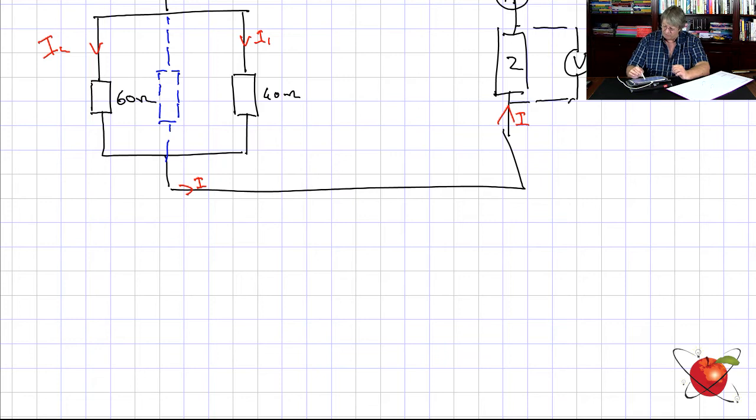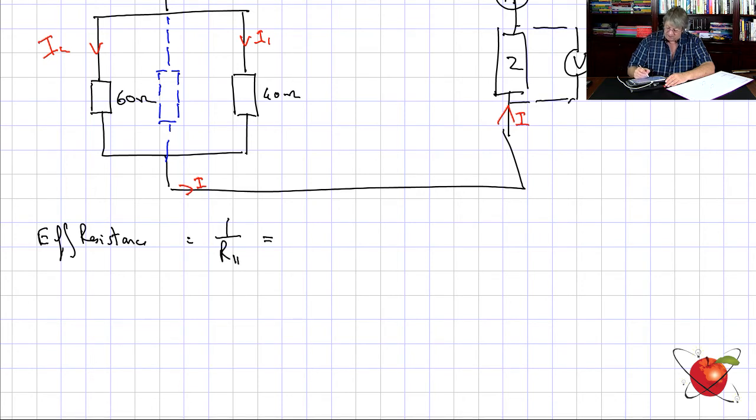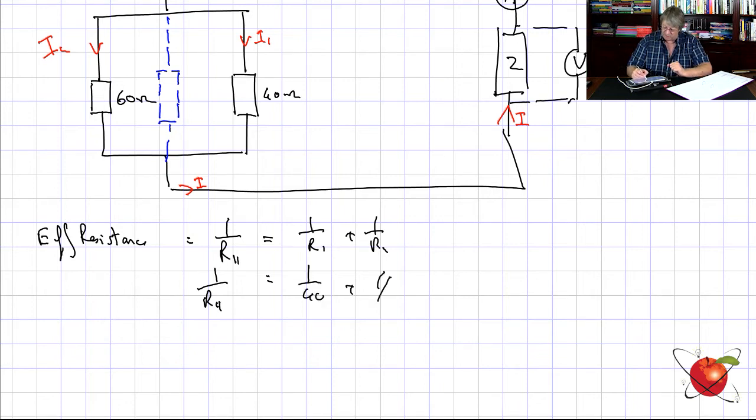First of all, I have to say that the effective resistance is equal to 1 over R parallel is equal to 1 over R1 plus 1 over R2 because they're parallels. Therefore, 1 over R parallel is going to be 1 over 40 plus 1 over 60, which is going to be equal to, and basically you'd use your calculator for that, and you end up with 1 over 24.